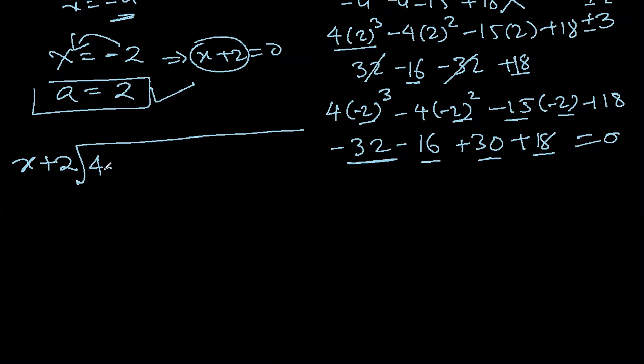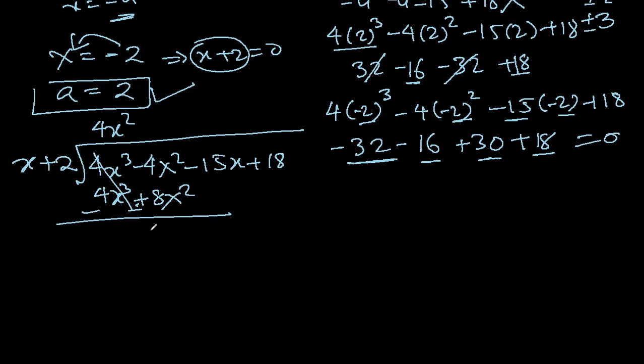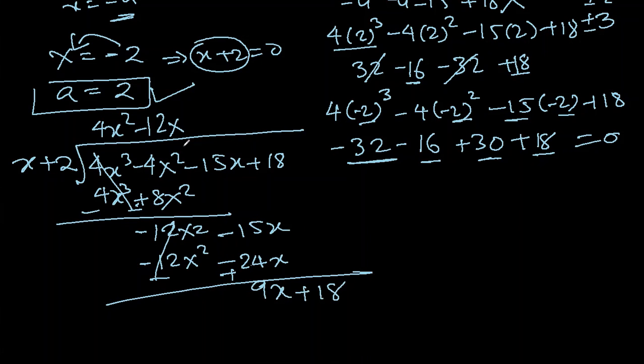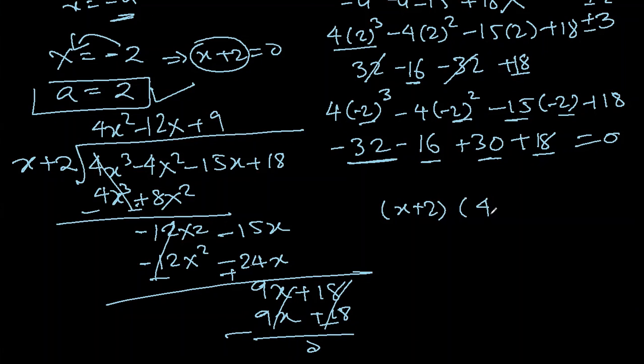We'll divide by long division. It will be 4x cubed minus 4x squared minus 15x plus 18. We'll divide it by x plus 2. Let me do it fast. So we got it. The factors are x plus 2, already known to us.